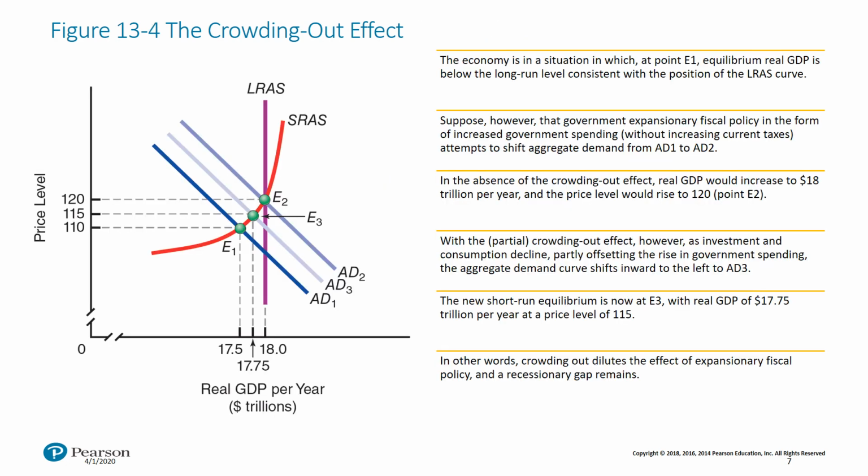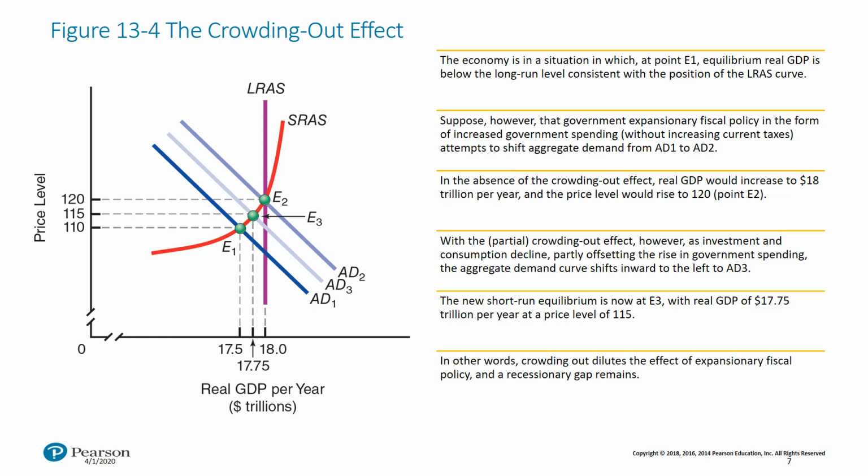So all of you pay your attention to this figure that shows the crowding out effect. Here, the economy is in a situation in which at the point E1, the equilibrium real GDP is below the long run level, consistent with the position of the long run aggregate supply curve.